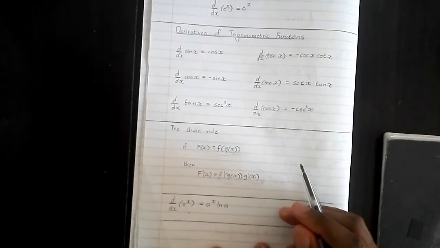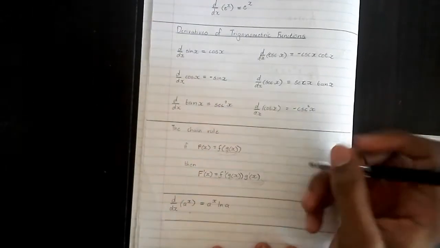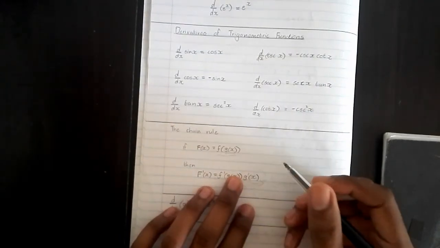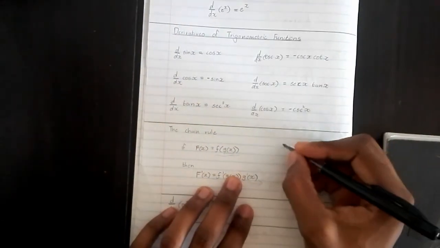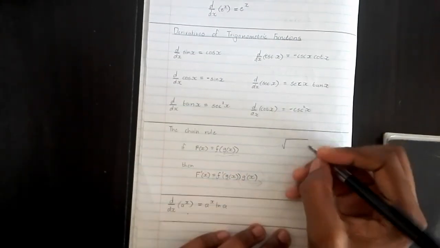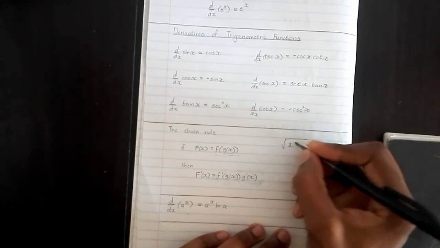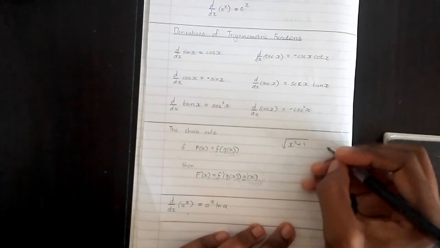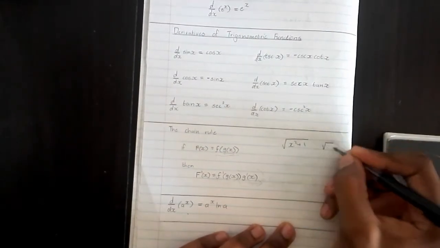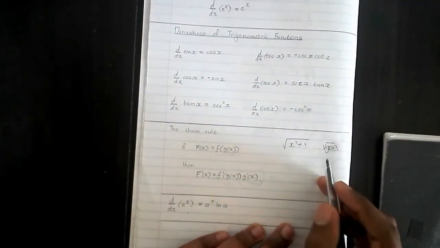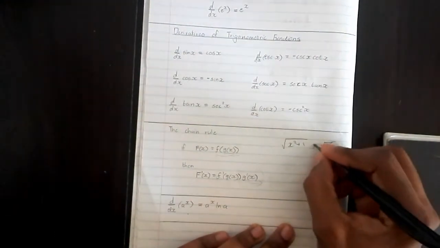Let's get into the chain rule. The chain rule tries to simplify more complicated derivatives. So if you have a function within a function, say, the square root of x squared plus 1. x squared plus 1 can be your inner function, and the square root of that inner function can be your total function.